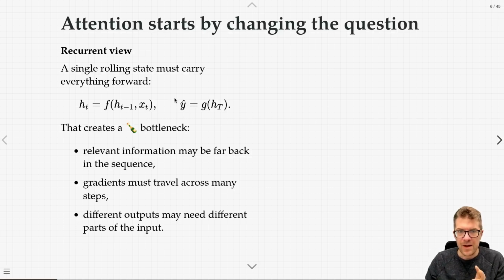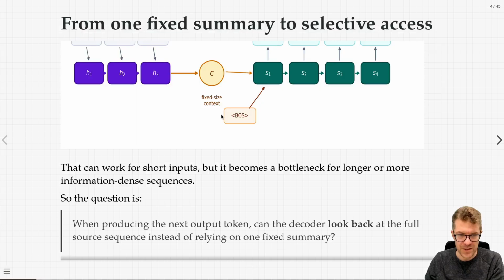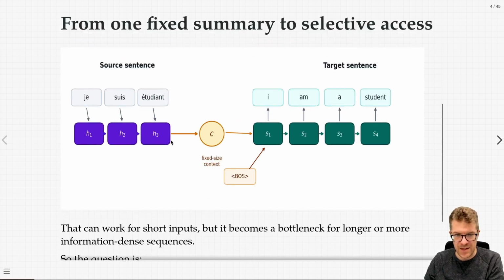And then when you're writing out your outputs, you're making your predictions, that's y hat. There's some function g, which is a function of the last hidden vector at time big T. That vector is called h sub big T, right? So that's more or less what we saw just a second ago. It's this C, which is basically the last hidden vector from the encoder sequence.